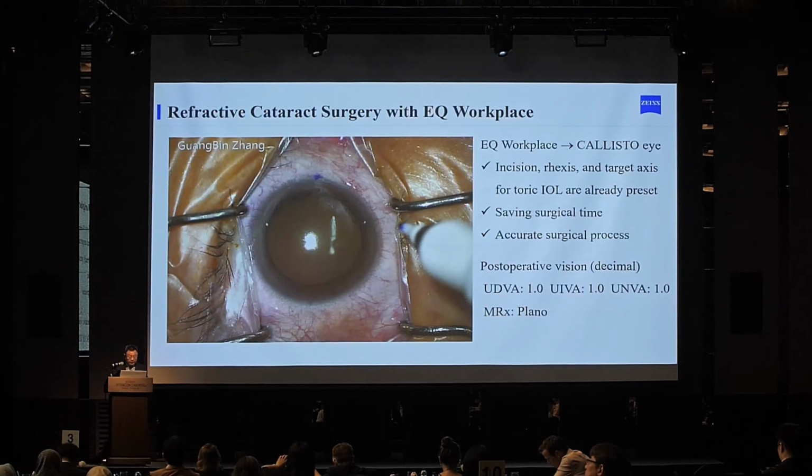This is a case where we implant a toric intraocular lens.